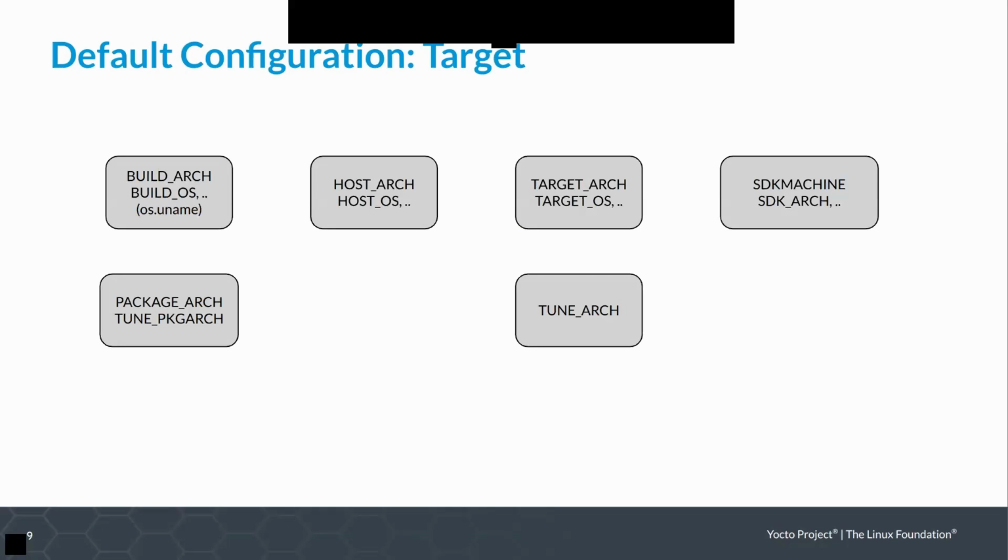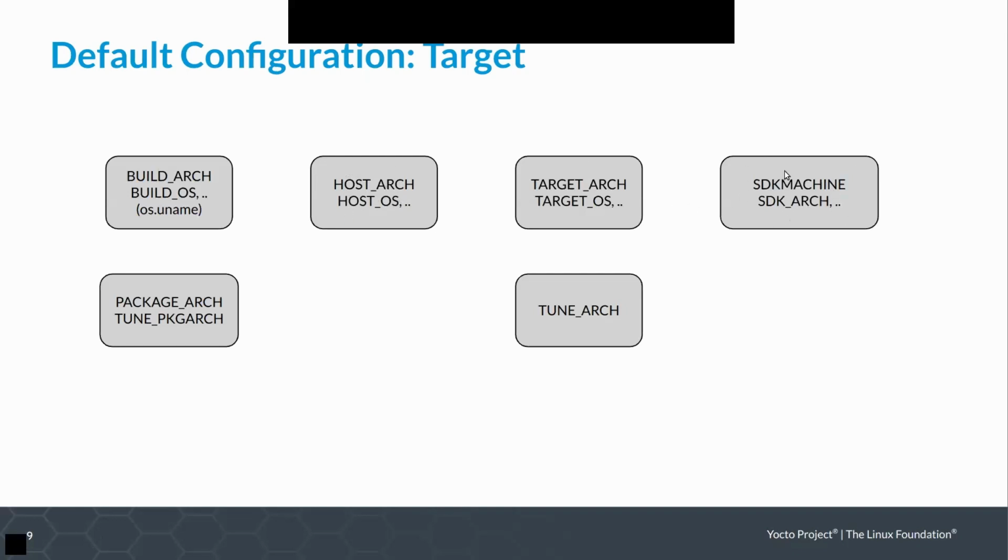So these are basically different architectures that BitBake will use. You have the build architecture, which is the architecture of your build machine; the host architecture, which will run the created toolchain; your target; the SDK machine.